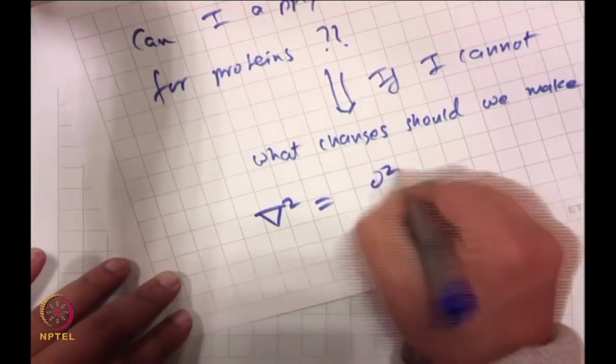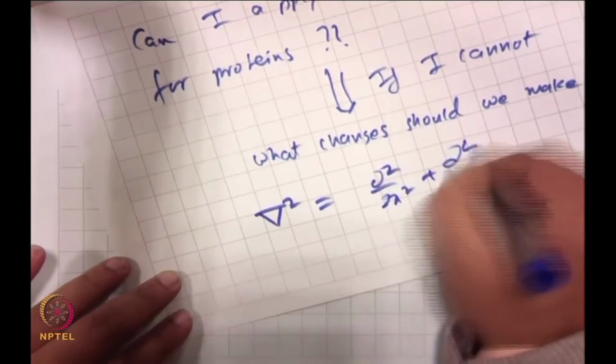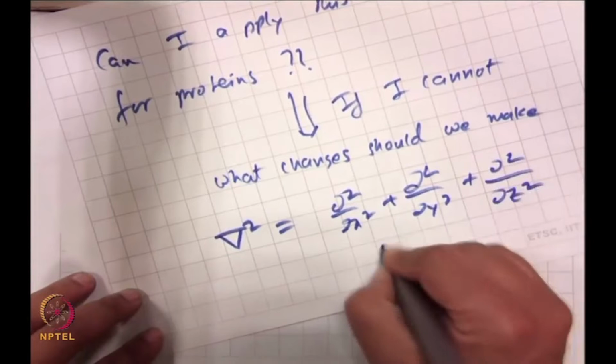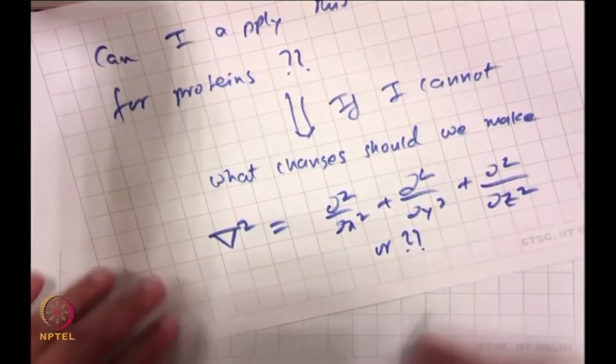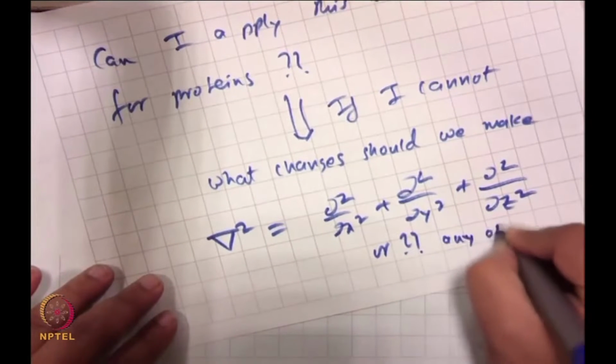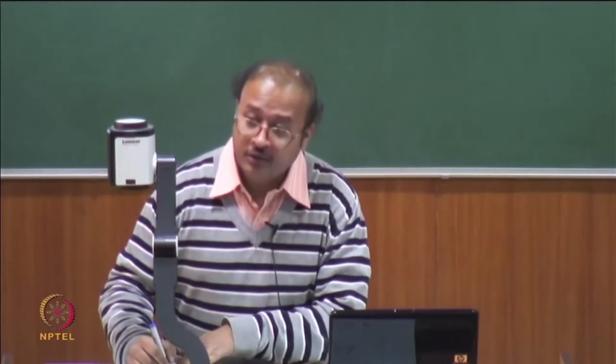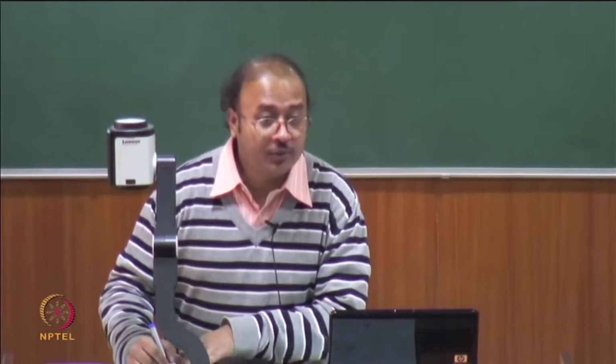That means the question is, del squared, what should I write it as? Should I write it as this, or any other form? What do you write it as? Yes, spherical. It is spherical polar coordinates. Why?